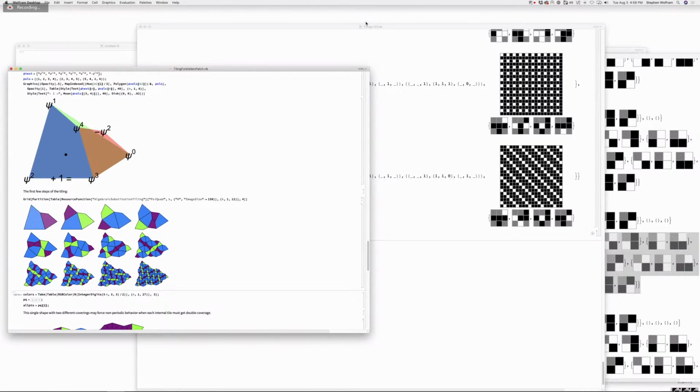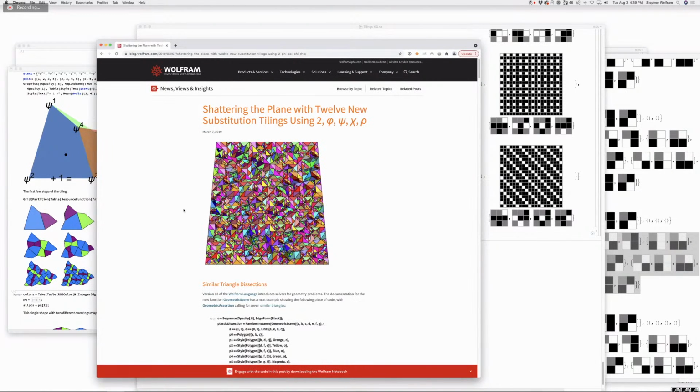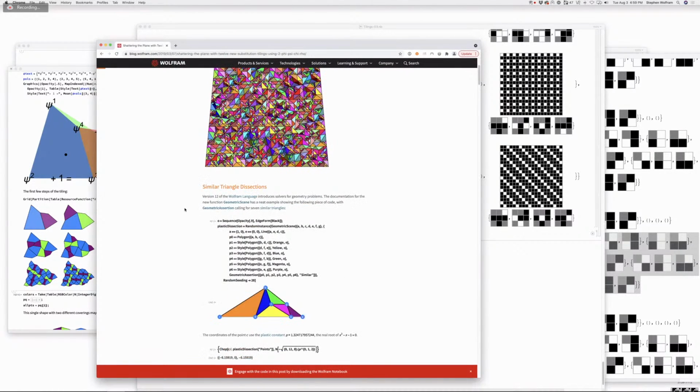Can you give me a link to that article for a second? Look for shattering the plane. Yeah, there's this whole big family of tilings that no one had seen before.